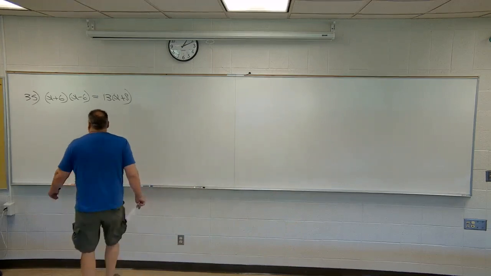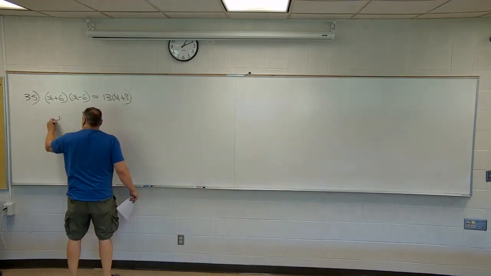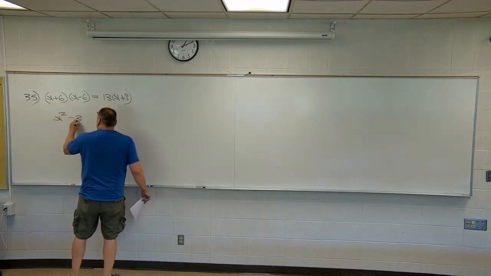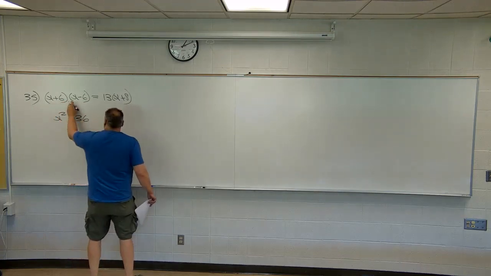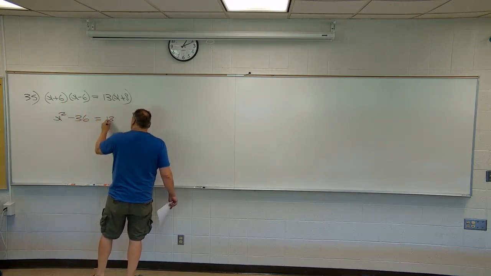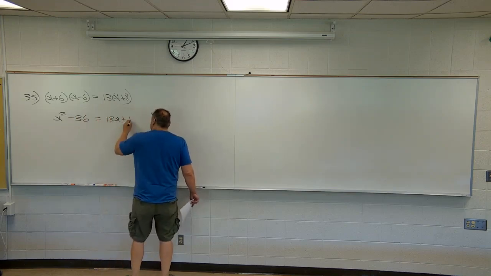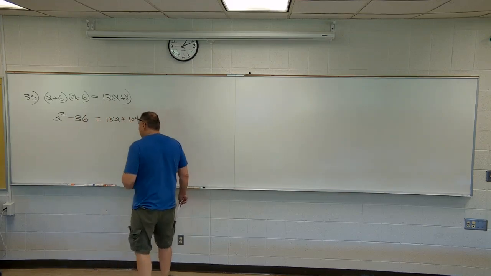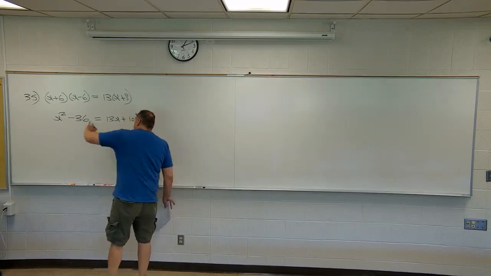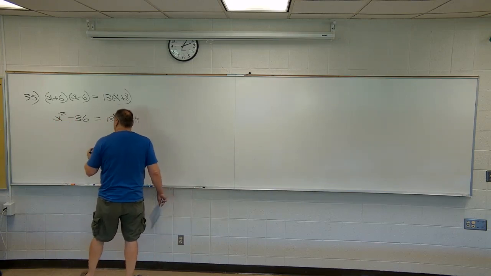Okay. Well, this is a difference of 2 squares. If you grind it out, it's x squared minus 36. If you take the 13 and multiply across, you get this. If you get everybody over to the other side, I'm going to add a negative 13x on each side, and a negative 104 on each side.